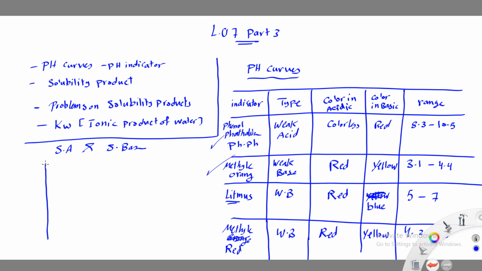So the titrant on the x-axis will be NaOH, and on the y-axis we'll put the pH. In this case, we'll have 1, 2, 3, 4, 5, 6, 7, 8, 9, 10, till 14.